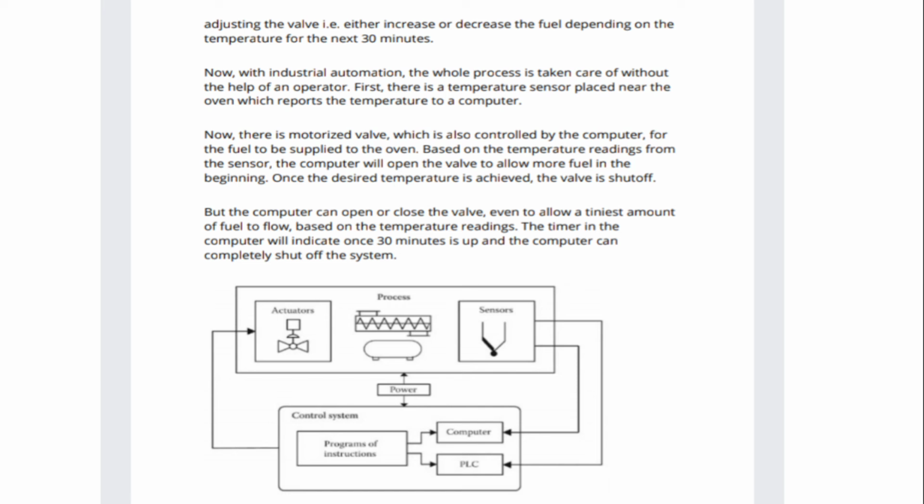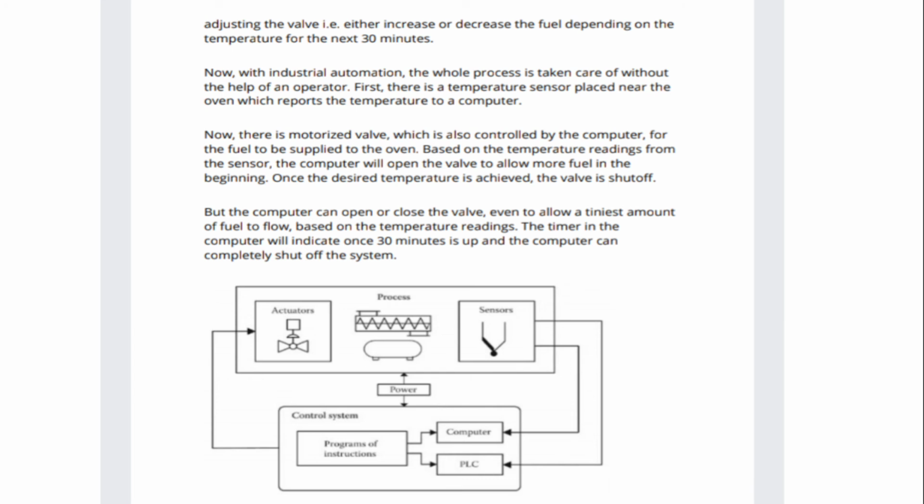So it is very convenient for us, and it is very helpful and useful. Now there is a motorized valve, which is also controlled by the computer for the fuel to be supplied to the oven. Based on the temperature reading from the sensor, the computer will open the valve to allow more fuel in the beginning.